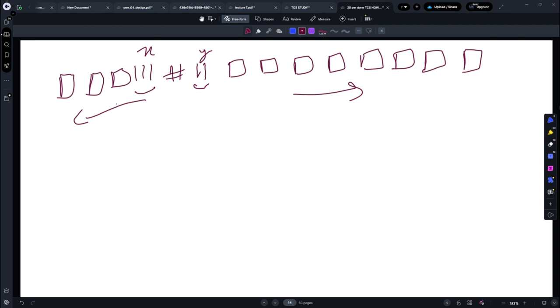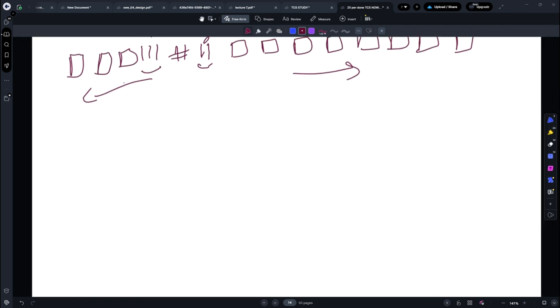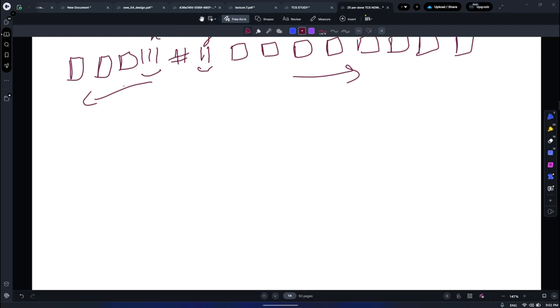To do that, we can design a Turing machine very easily. The first step is to start designing our states from S0, and then I will walk you through how these states really work.